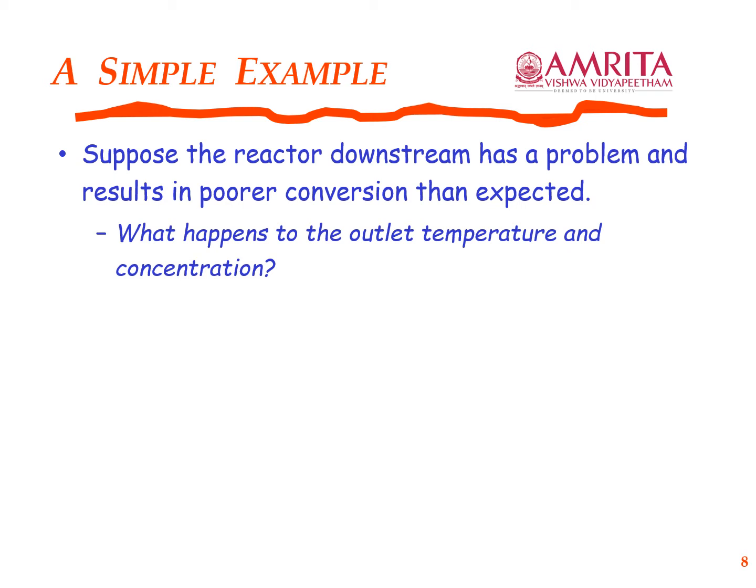And this means unless you control the whole process accordingly, at various stages, somewhere to fix this poorer conversion, you are going to see a spiraling off of the situation where the reactor would be going away and away and away from the desired state of operation, and the reactor will slowly get into a stage where the conversion is practically not happening.